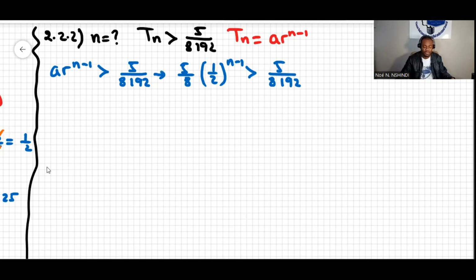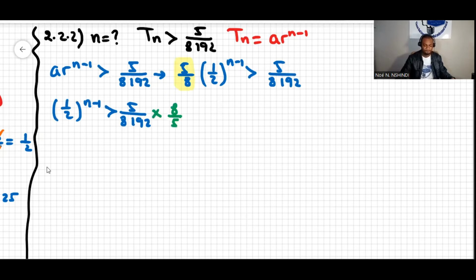Okay, first of all, I want to get rid of this part here, the 5 over 8. So it means I will write here a half to the n minus 1 greater than 5 over 8192 times the inverse of 5 over 8, which is 8 over 5.